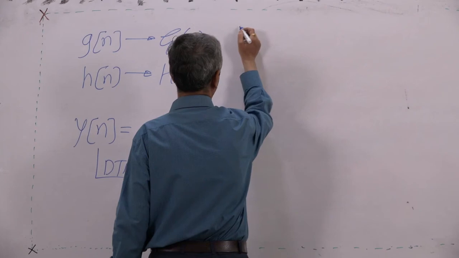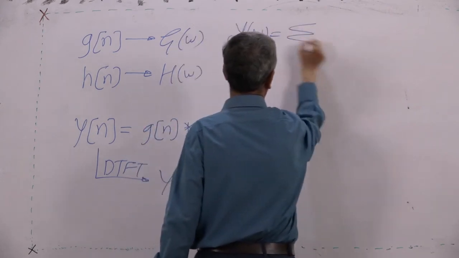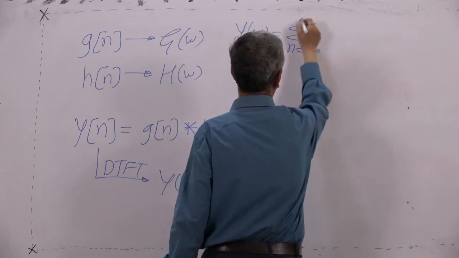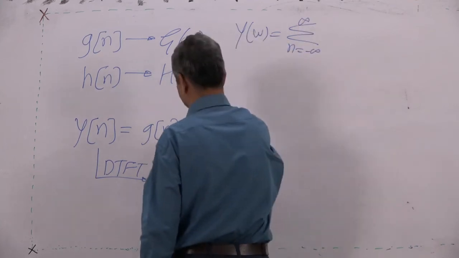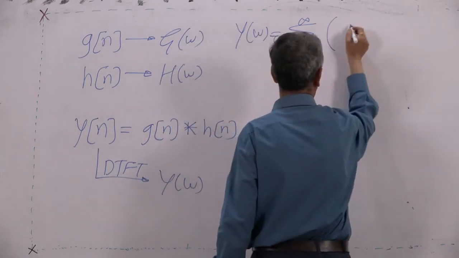So we go by again a simple method. First, y omega is equal to the summation over n equal to minus infinity to infinity of yn, which is Gn convolved with Hn. So what is Gn convolved with Hn?